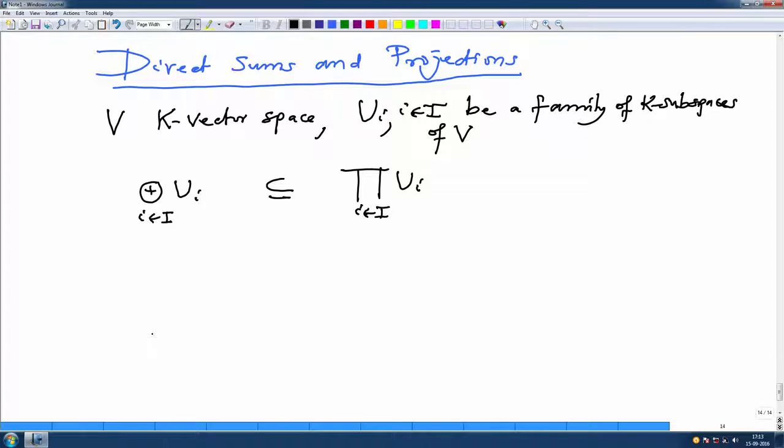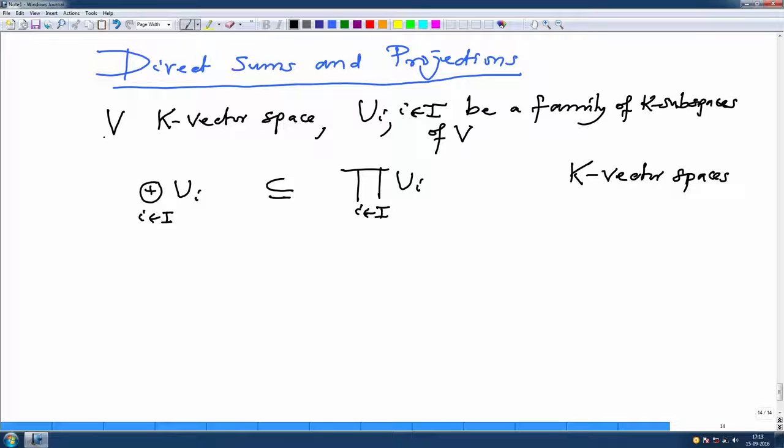Note that though they are subspaces of V, this product is not a subset of V, and therefore this direct sum is not a subspace of V. So, there are some k vector spaces, but this is not an arbitrary family of vector spaces, this is a family of subspaces which came actually from V. So, there has to be some connection with the given vector space.